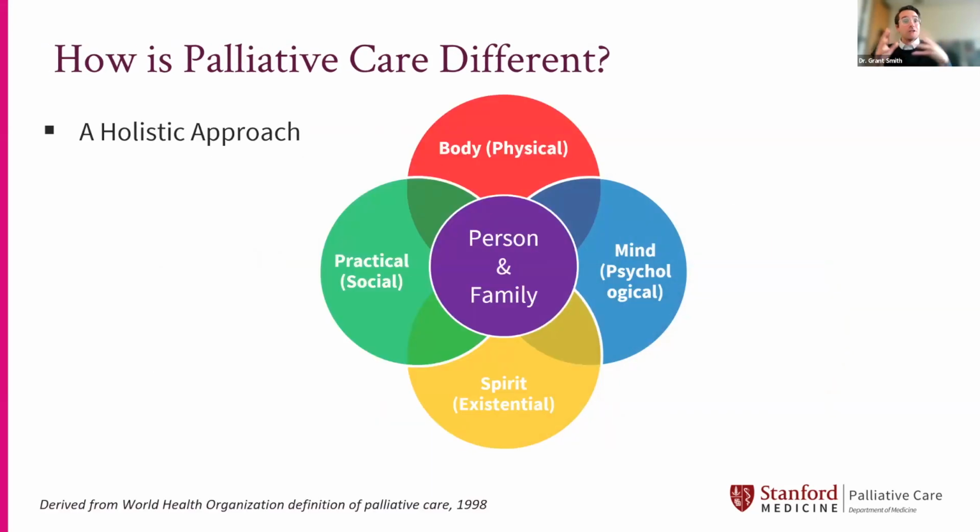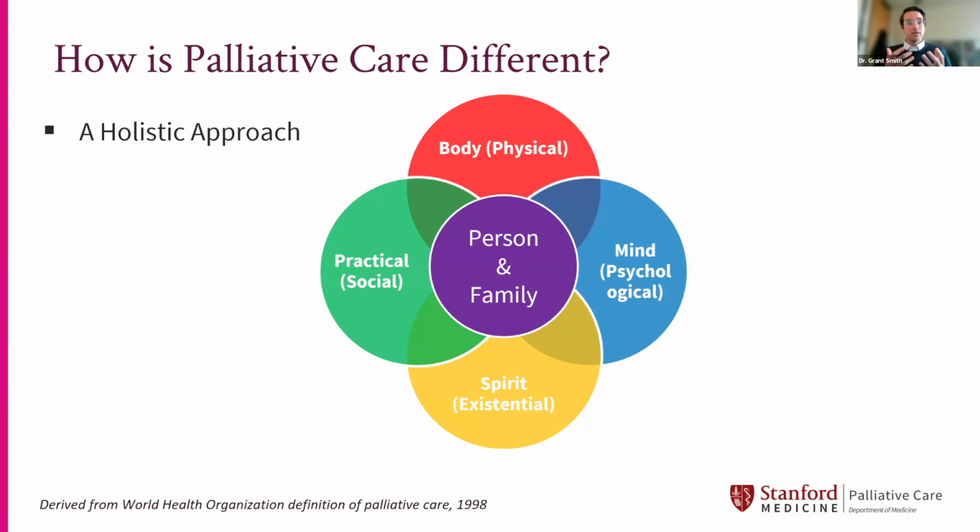And not just the person, no matter what the illness, but I think especially with illnesses like dementia, it's really the family, chosen family, caregiver, whatever it might be, who is the center of our care. And we really acknowledge that a difficult illness like dementia affects not just the body, those physical symptoms, Alan was alluding to some, whether it's constipation, diarrhea, agitation, hallucinations.